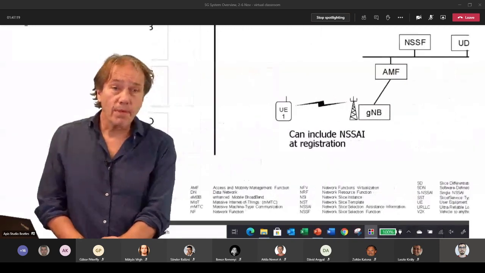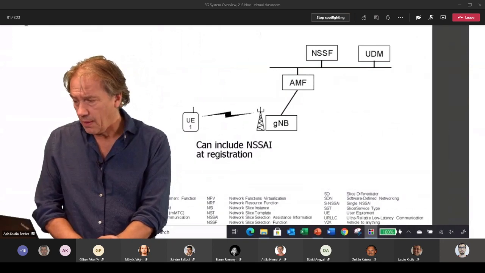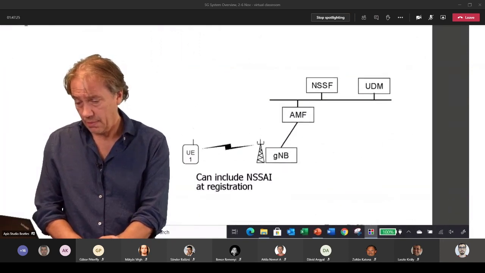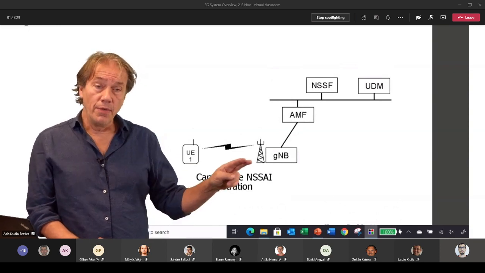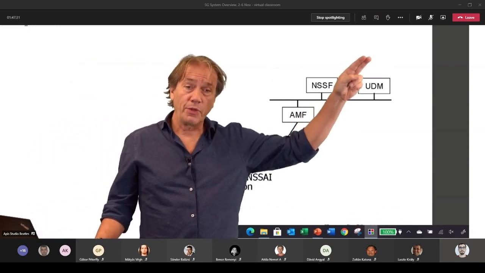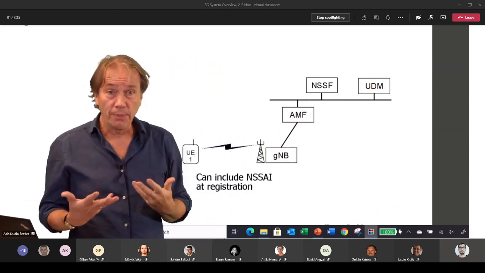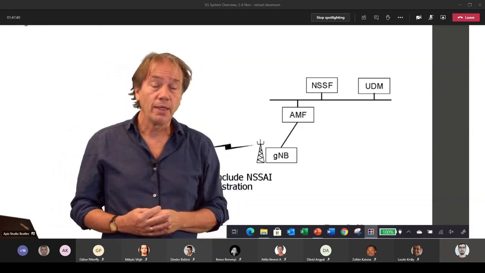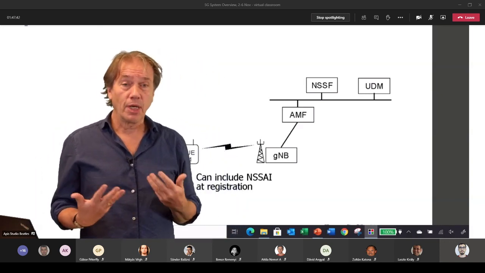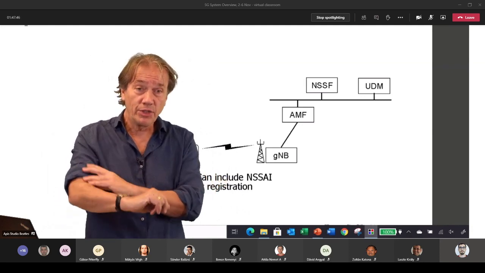So there is obviously some network slicing information which is related to the subscription. So in the UDM, if you remember the Unified Data Management, the subscriber database, there is network slicing related information.